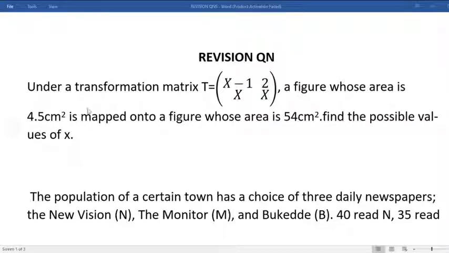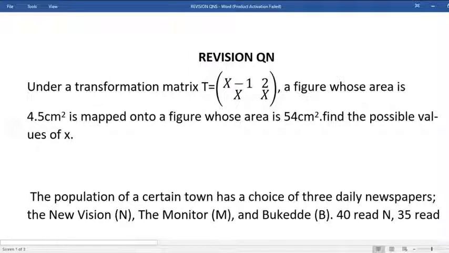They continue to tell us that 35 read M, which is Monitor. Number of Monitor is equal to 35. They also tell us that 60 read Book a Day.